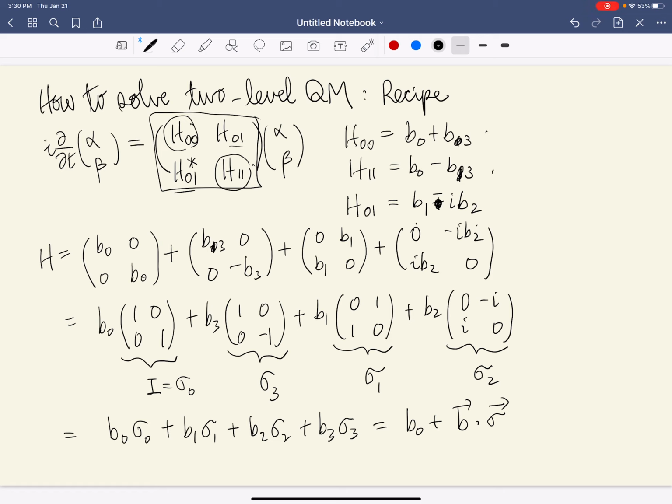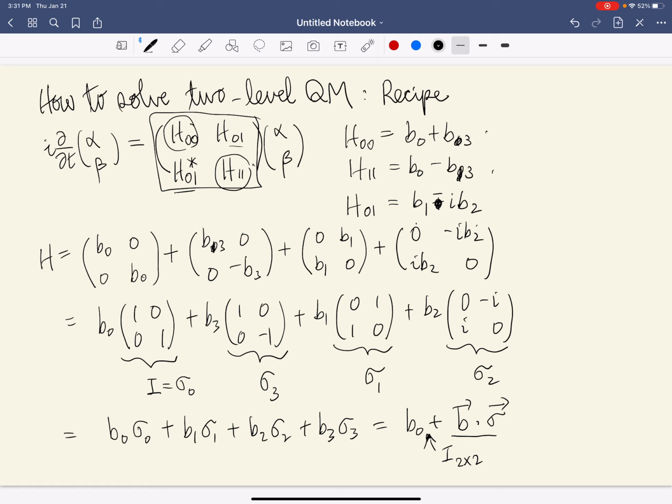So I'm skipping the unit matrix in my writing. When I just say b0, it should be taken as b0 multiplied by a 2 by 2 unit matrix.